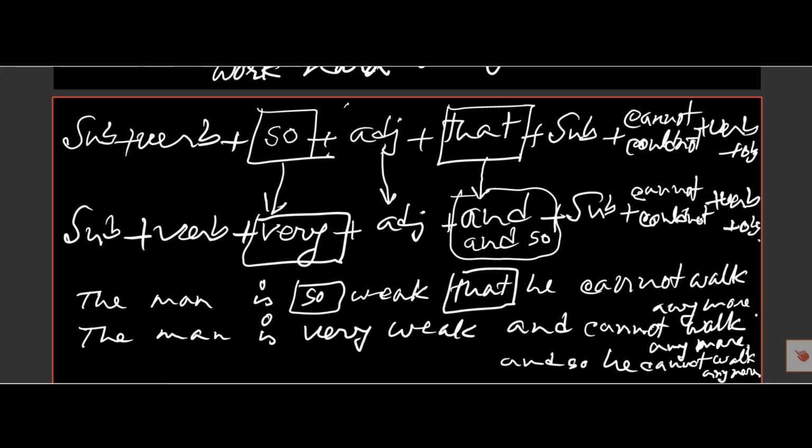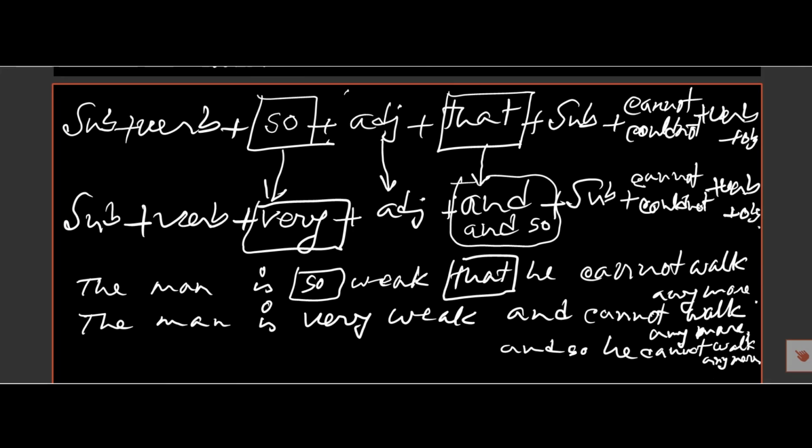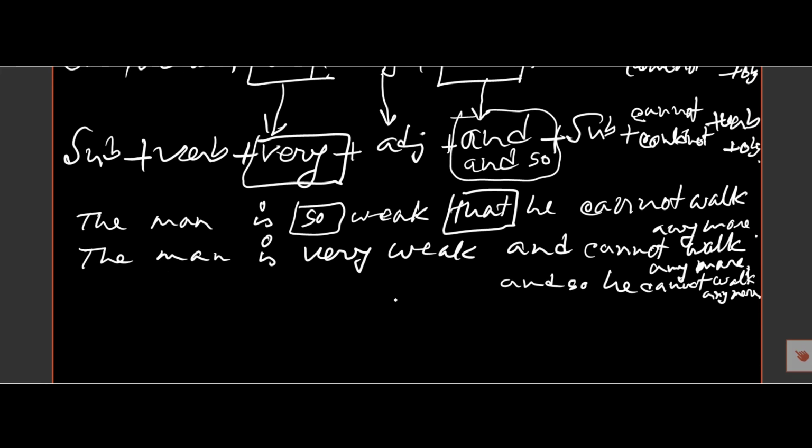This is the structure of a complex sentence. If there is "so adjective that" in the complex sentence, then in the compound sentence structure, instead of "so" we must put "very", and instead of "that" we must put "and" or "and so".